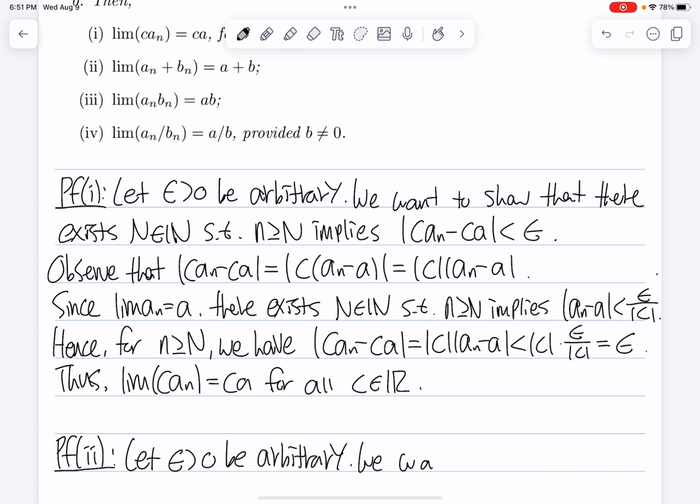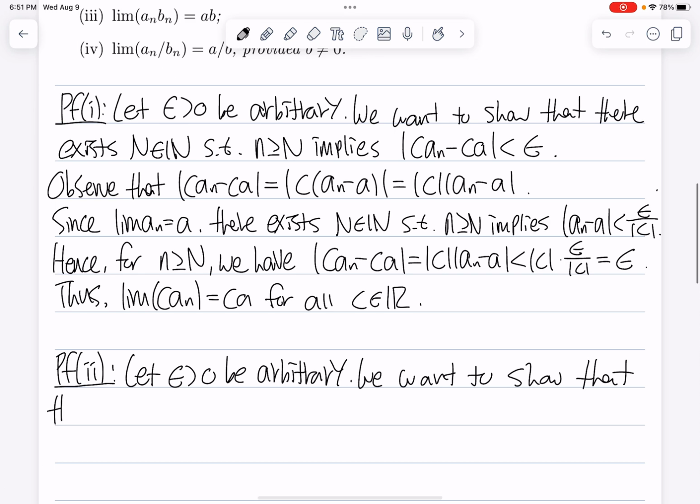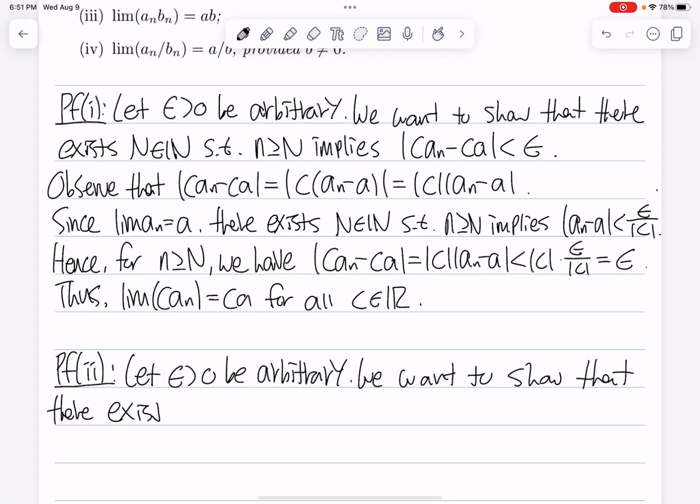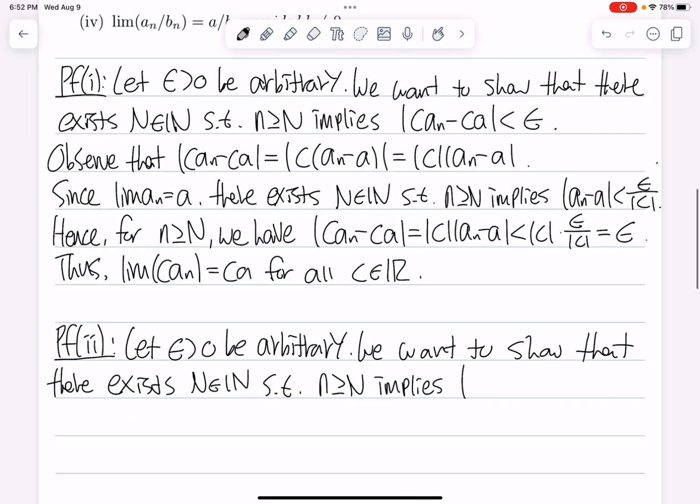We want to show that there exists N in the naturals such that small n greater than or equal to big N implies |an plus bn minus a minus b| is less than epsilon.